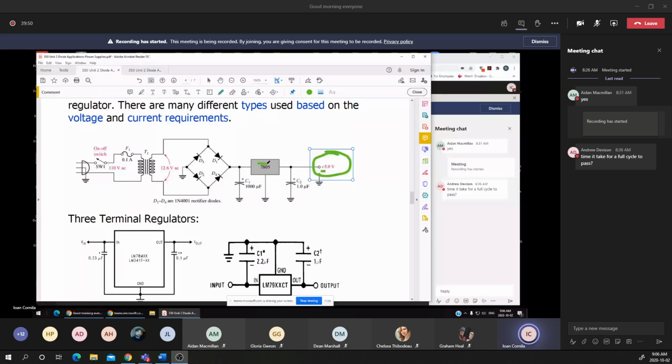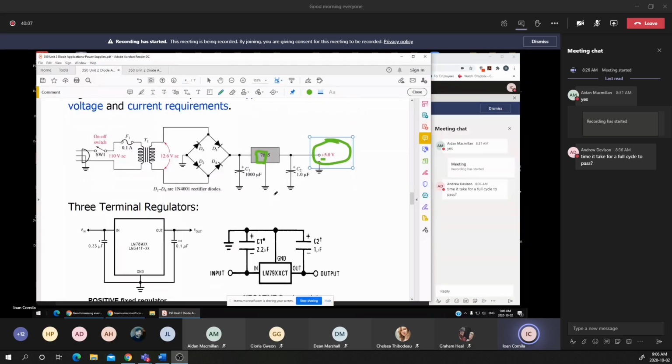The 7, 8 are the first 2 digits. The 8 is showing you that it is a positive voltage. 7/8 is standardized for the voltage regulators. Everything else stays the same.